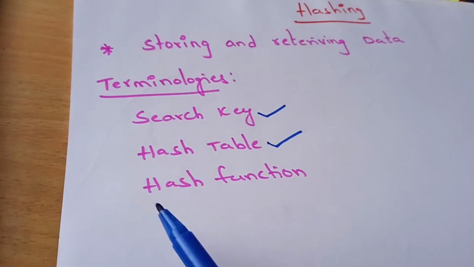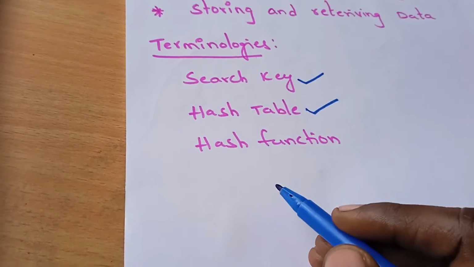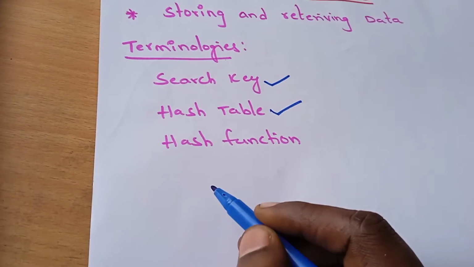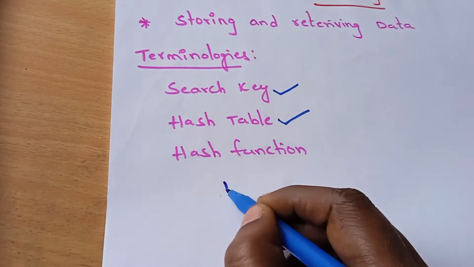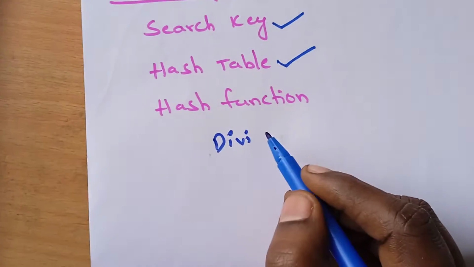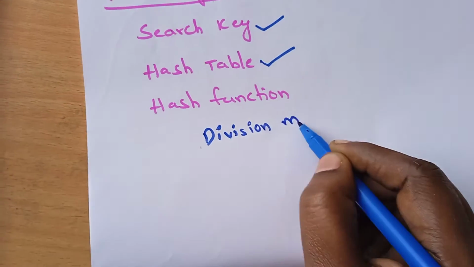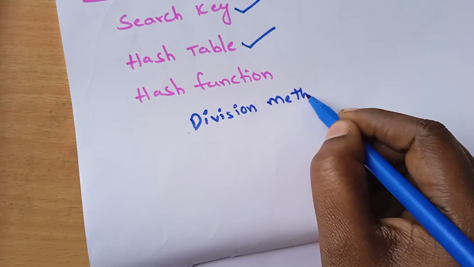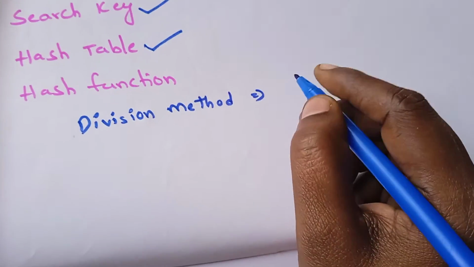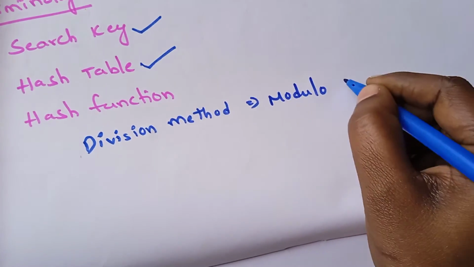Now, what is this hash function? The hash function will be evaluated in the following methods. The first method is the division method, which is also called the modulo method.